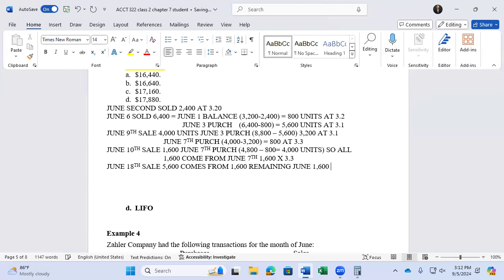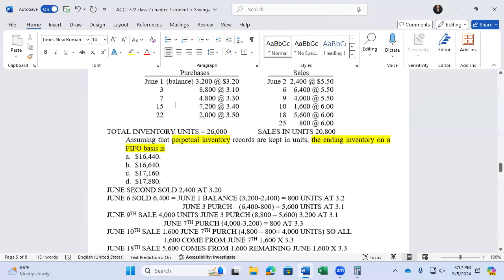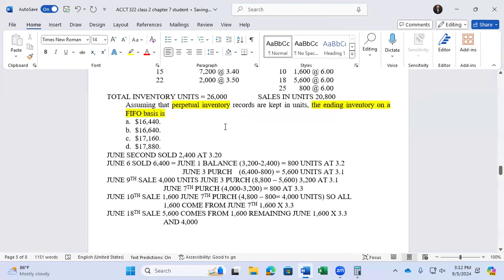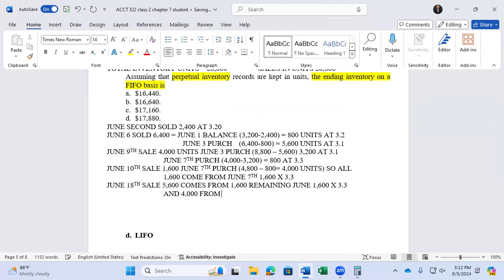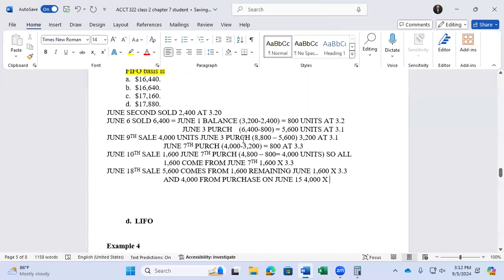So we have 1,600 times 3.3. And 4,000 from our purchase on June 15th. And that one was at 3.4.